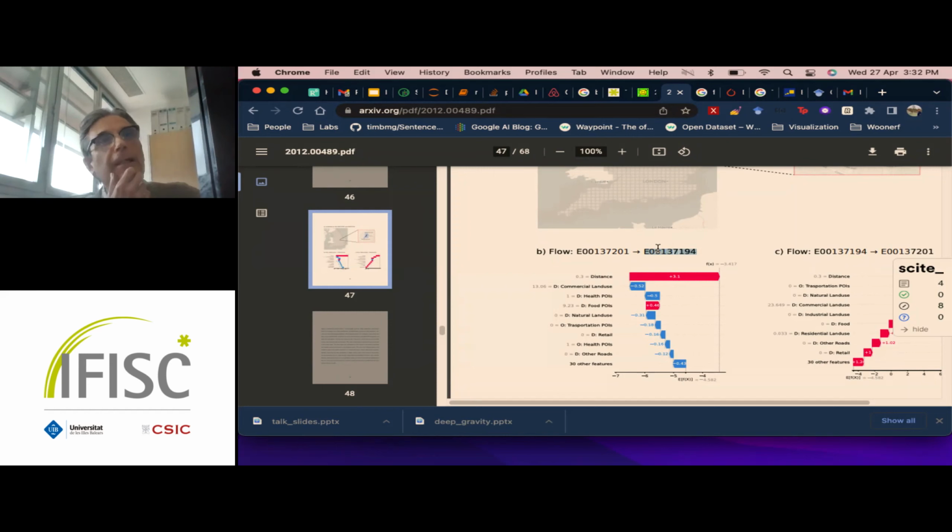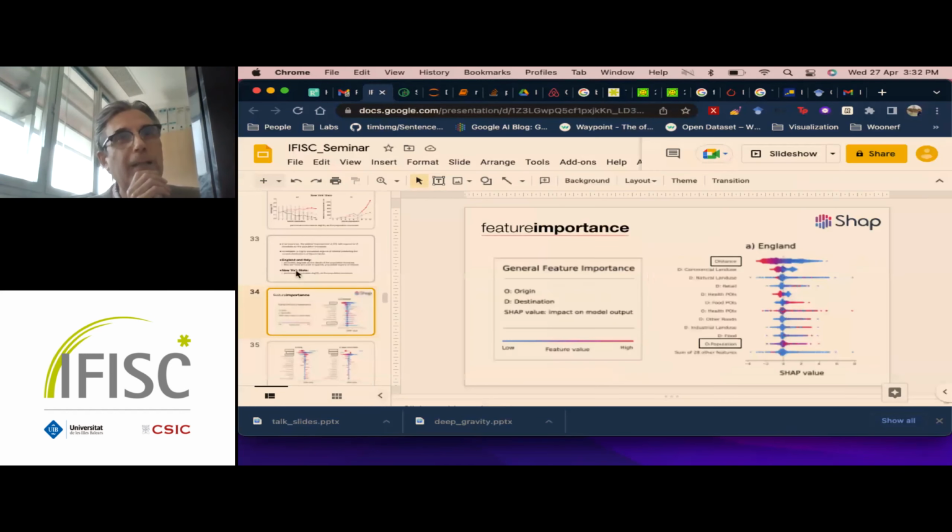I have a question regarding the explainability, and the fact that you can apply the model to different places. At some point in this presentation, you show that population plays no role, practically is irrelevant for explaining the movement of people in England.